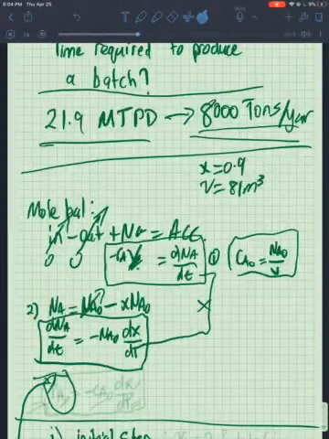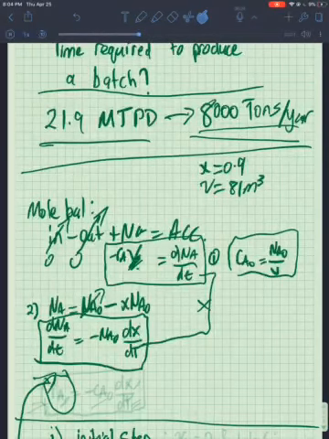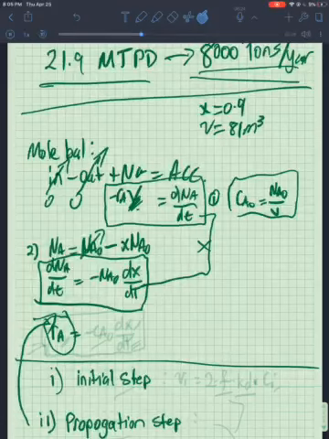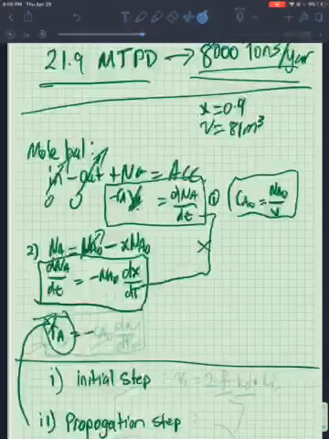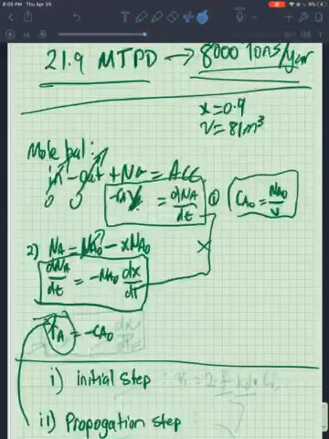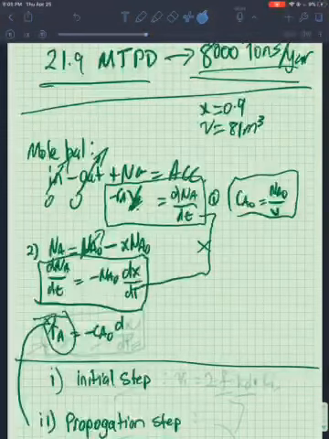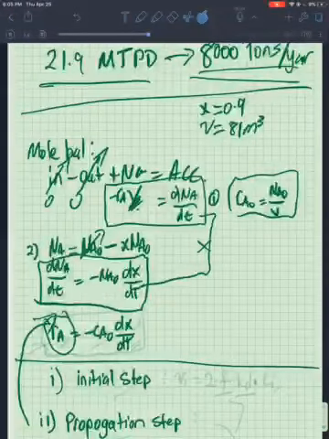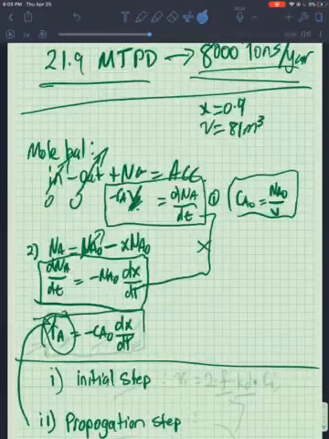When we do all of that, we are left with an overall rate law that says the rate is equal to the initial concentration multiplied by the rate of change of conversion with respect to the time that we are after.